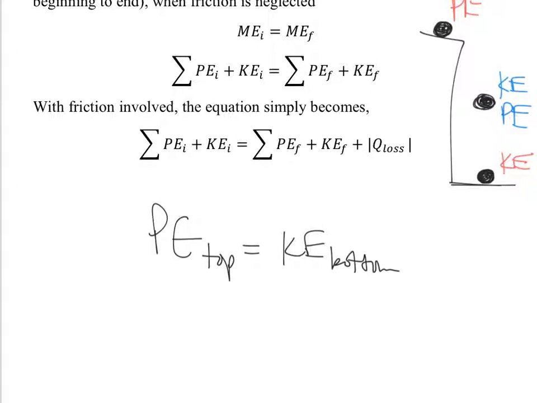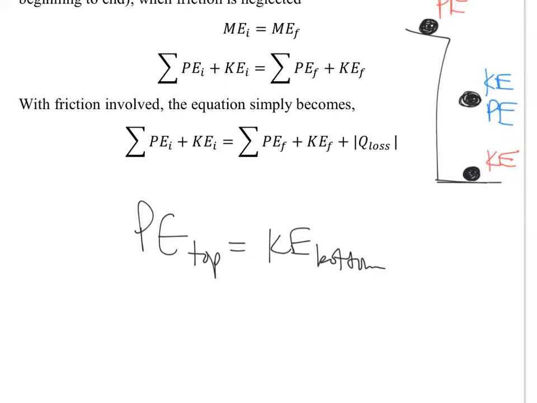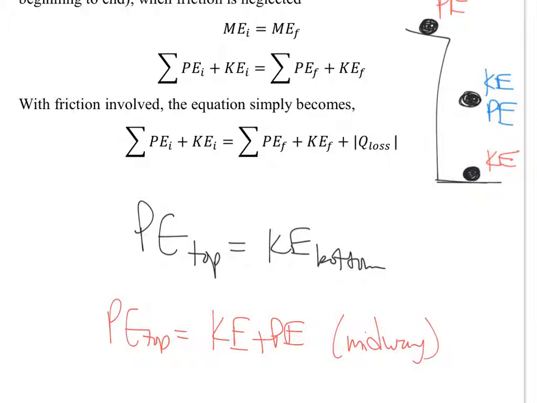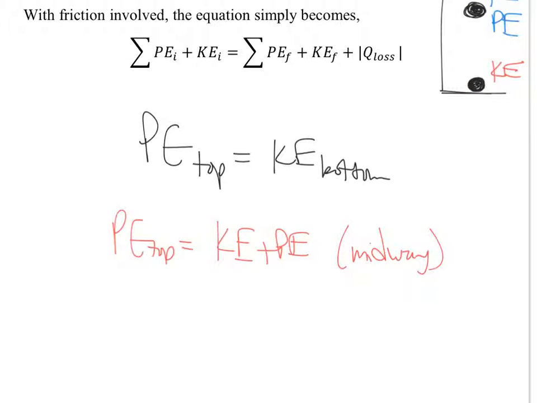Or, if I wanted to solve for something, maybe I'm looking for a certain variable, and we're going to do this today, I could say that the potential at the top equals the sum of the kinetic and potential midway. Or the kinetic and the potential at the midway point could be equal to the kinetic at the bottom.